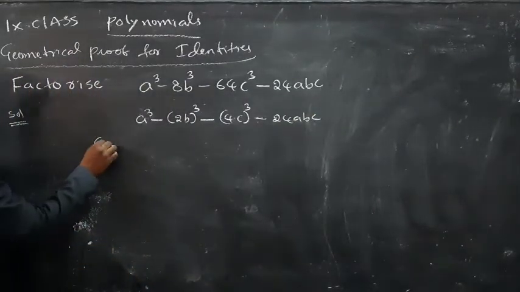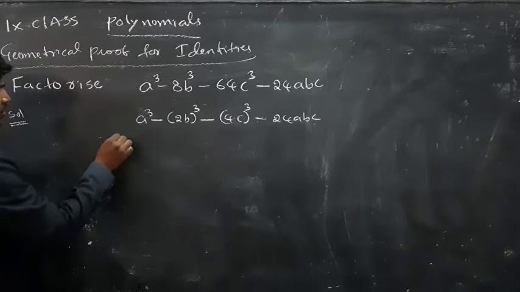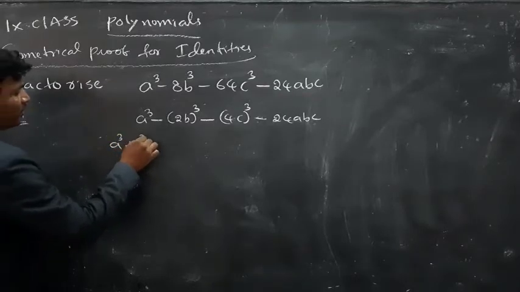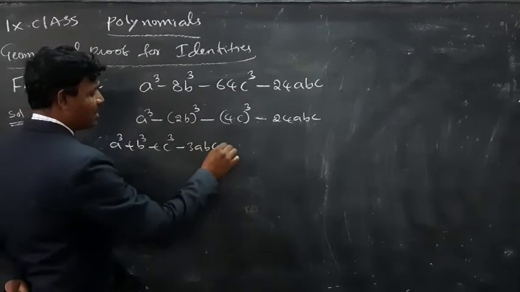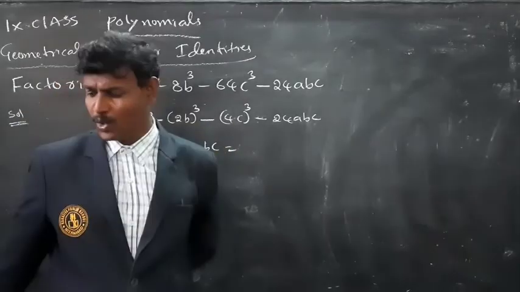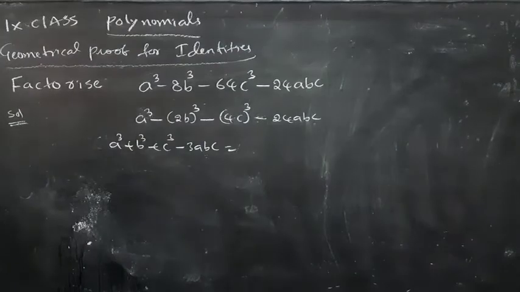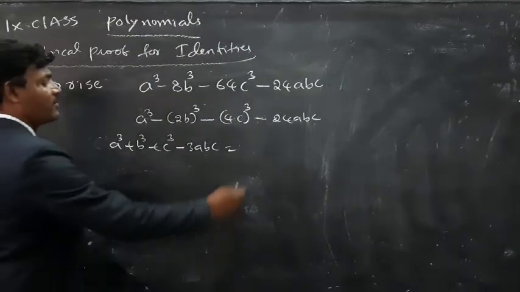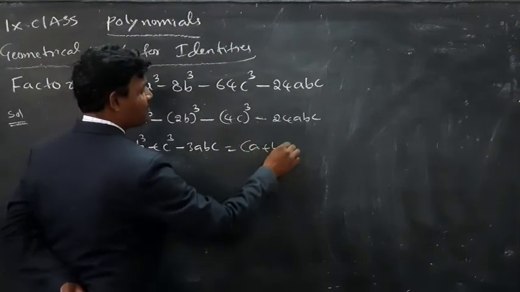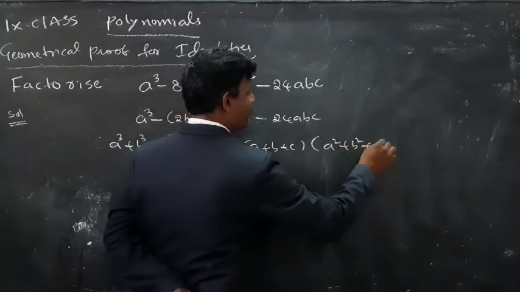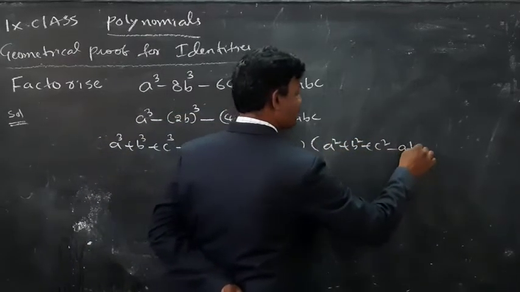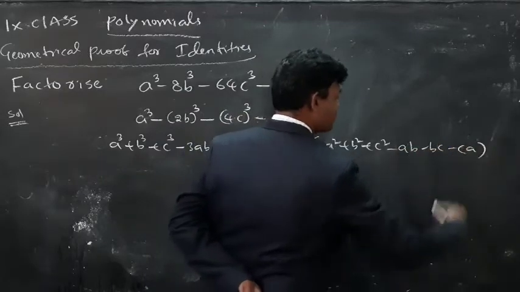What is that? a cube plus b cube plus c cube minus 3abc is equal to a plus b plus c into a square plus b square plus c square minus ab minus bc minus ca.